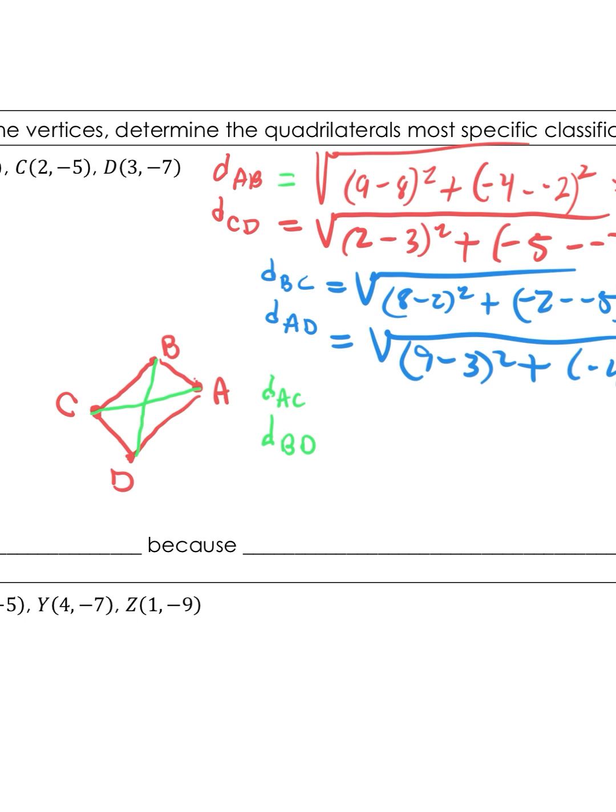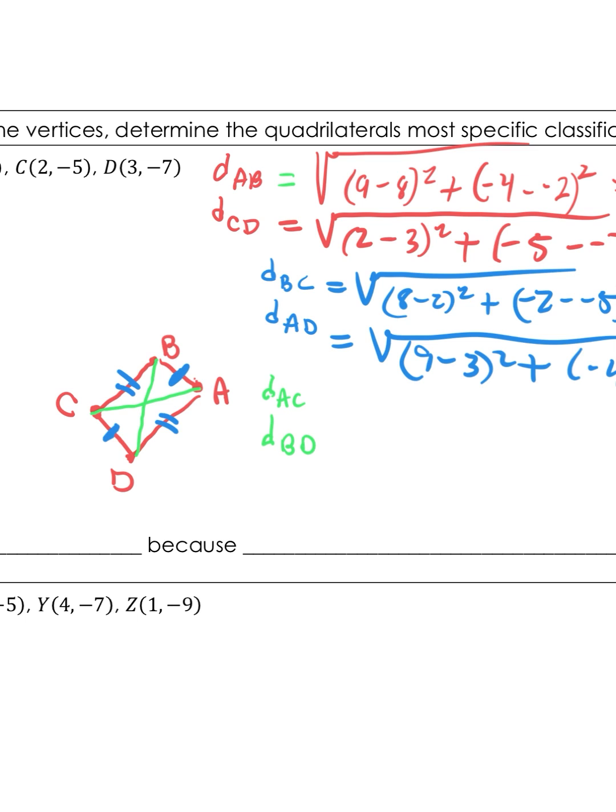Negative 4 plus 7, that's 3. 3 squared is 9. 9 and 36 is 45. And then let's do the diagonals. It turns out the opposite sides are indeed equal. This side is equal to this side, and this side is equal to that side. That's good.